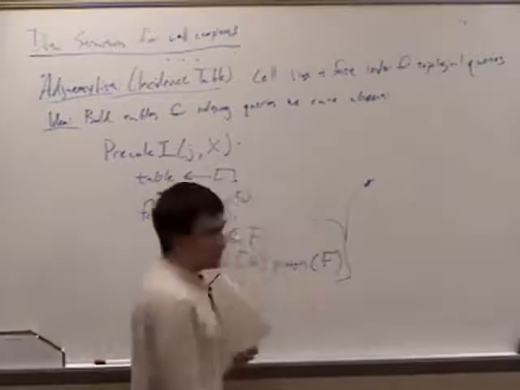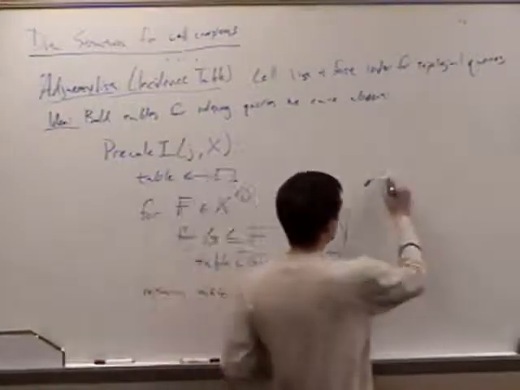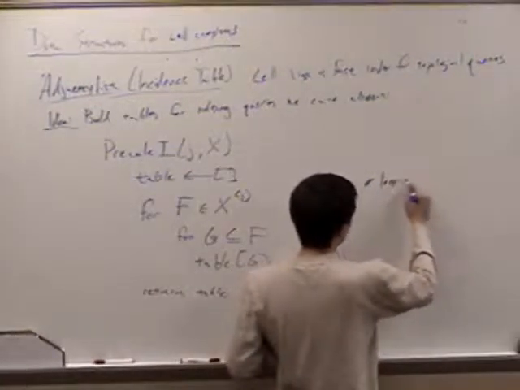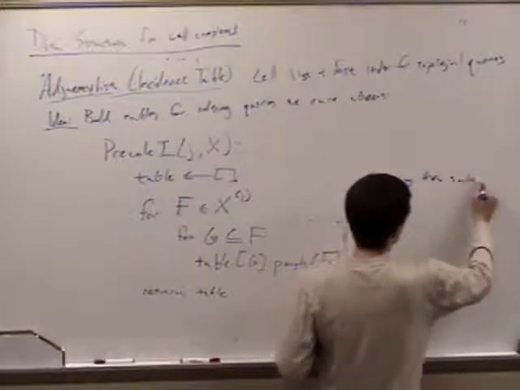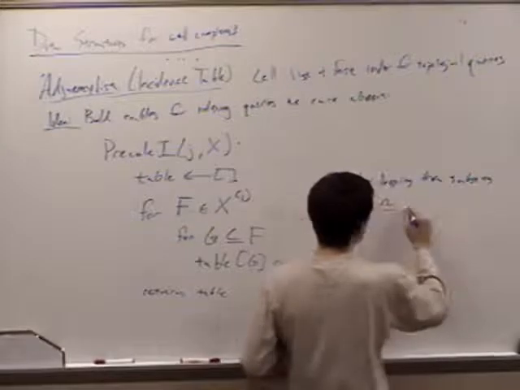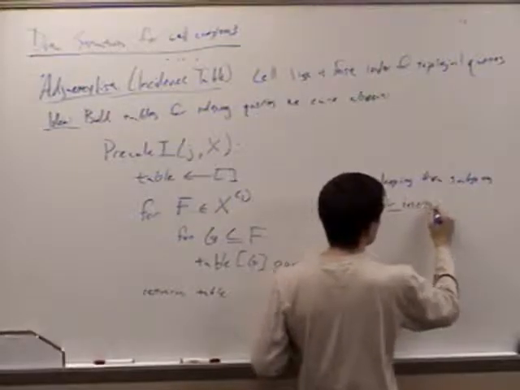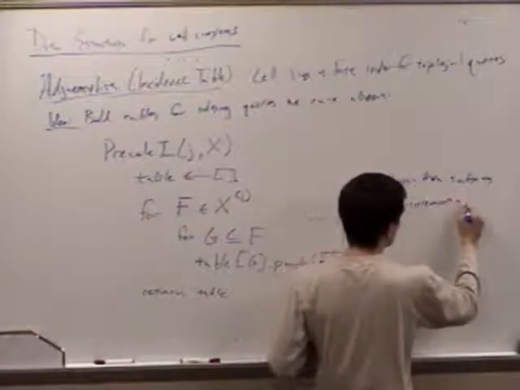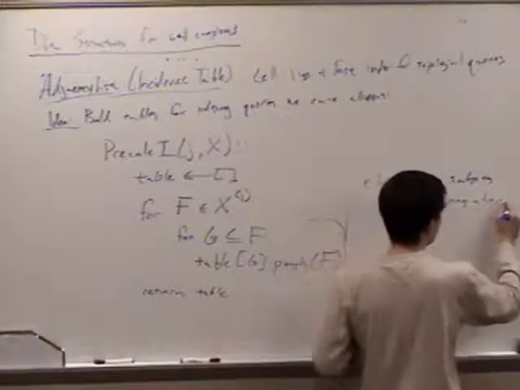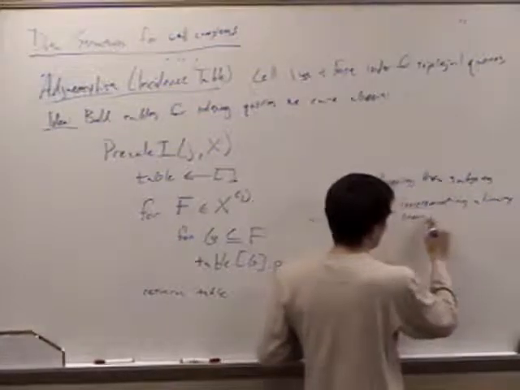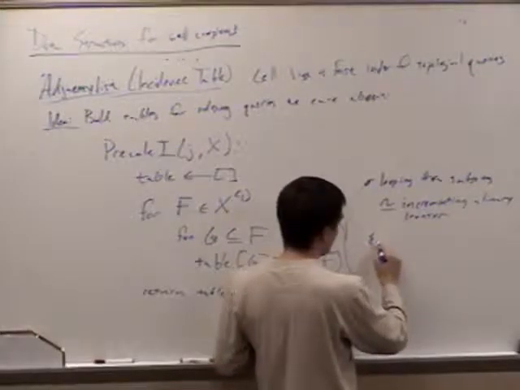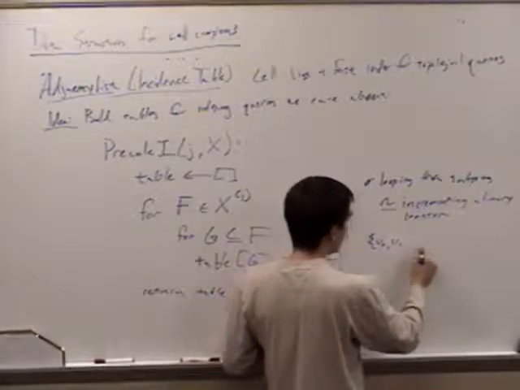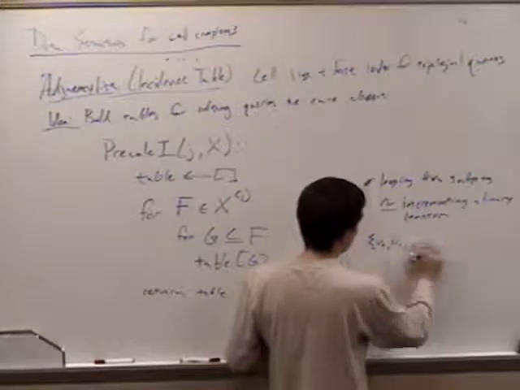But here's a pro tip on how to do this. Looping through subsets is pretty much the same thing as incrementing a binary counter. And here's the proof of this: if you have some set like v0, v1, and so on, I'll make it concrete.